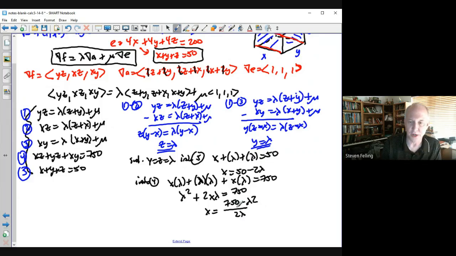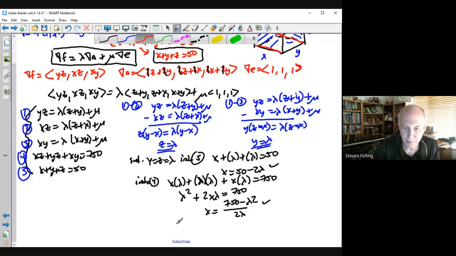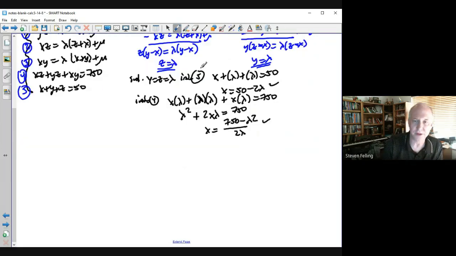So I have two expressions here that relate x and lambda together, right? You could substitute one into the other, or set them equal, essentially. That's what I'm going to do. I'm going to set these two expressions for x equal to each other. Let me change colors a little bit because we're getting kind of confusing. Okay, so since both of these are equal to x, they're equal to each other.